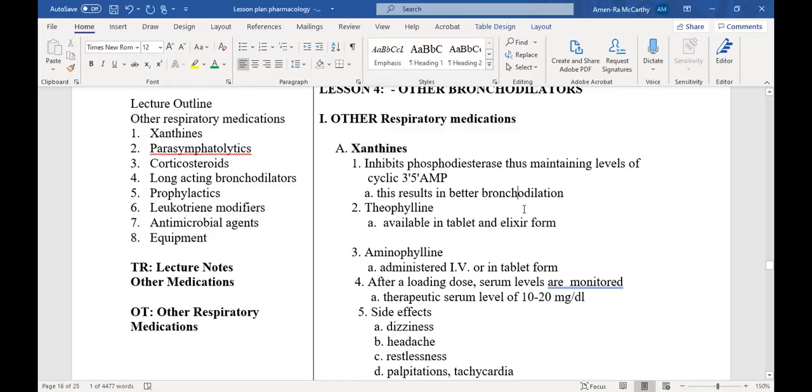All right, now what are those drugs? Xanthine drugs are theophylline and aminophylline. Those are the two xanthines that we use.